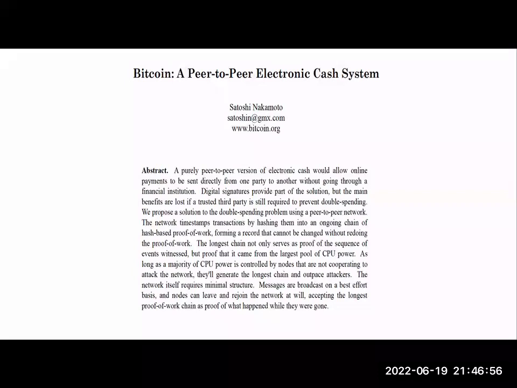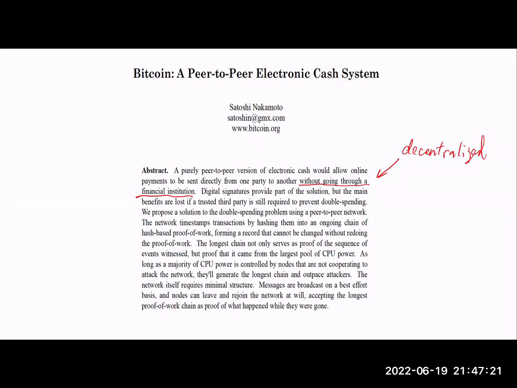A purely peer-to-peer version of electronic cash would allow online payment to be sent directly from one party to another without going through a financial institution. So without going through a financial institution is what we mean by decentralized. Now, it uses two technologies.